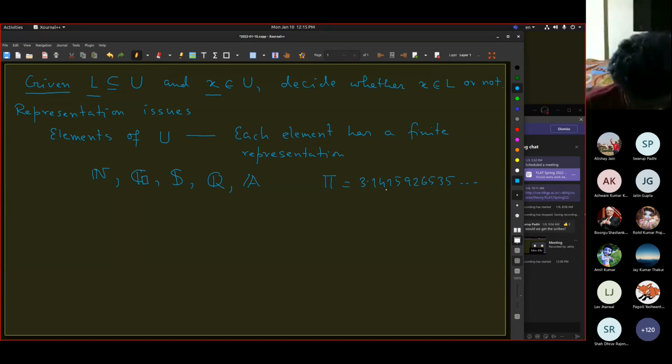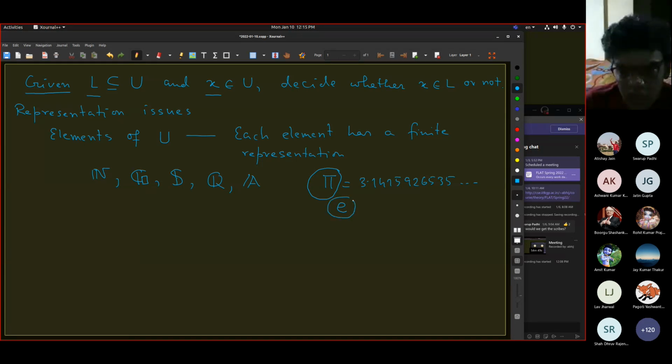But if I use the symbol pi, then this description fits in a finite amount of space. You can see pi, with all connotations and implications, whatever pi means; things like pi, e, these are finite representations.